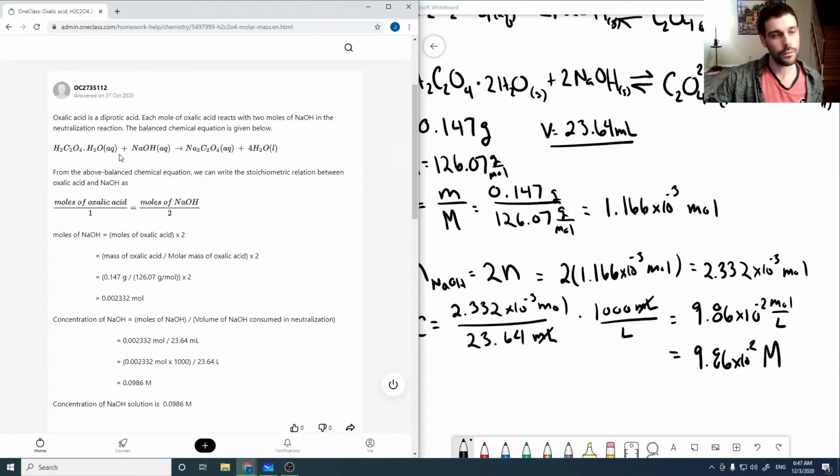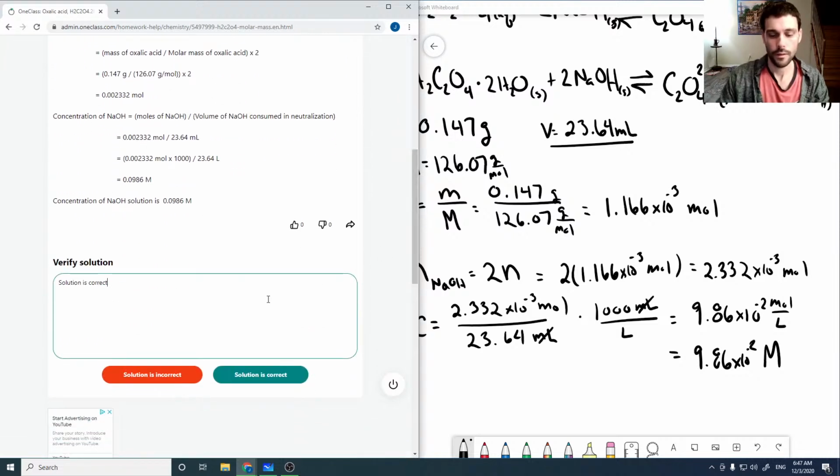The only thing is he joined the sodium with the C2O4, which is fine. And I guess there's a 2 missing on the NaOH, but it's being taken into account down here. So I think that's just a mistake. 2 is missing from NaOH in the balanced equation. So I'll just put that there.